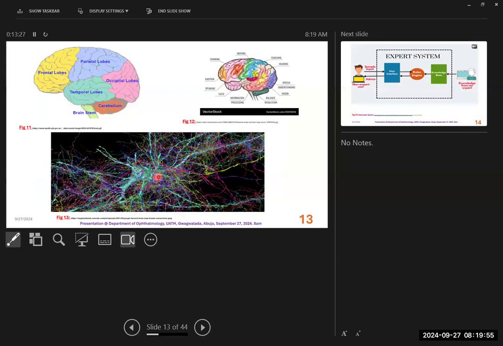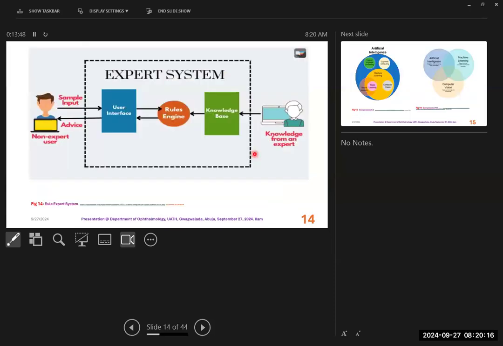There is a way you can prepare this one. So you know that in the brain, you have frontal lobes, parietal, occipital, temporal, cerebellum, brainstem, and each one of them has a specific function, as shown in this sketch of figure 12. Then this is the expert system.